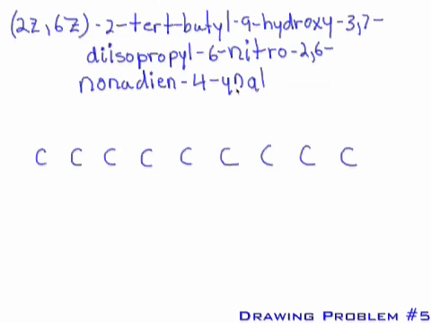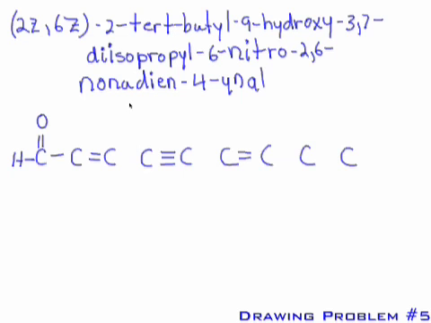Nonadiene is at 2, 6. So here's carbon 2, 3, 4, 5, 6. I have a 4-yne: 1, 2, 3, 4. And I have an aldehyde. The aldehyde, when it's in the root, is always highest priority, so it's carbon 1.